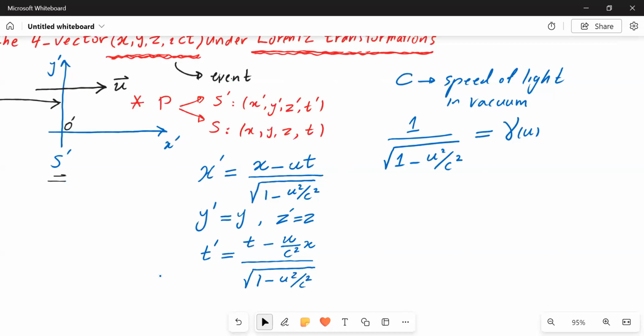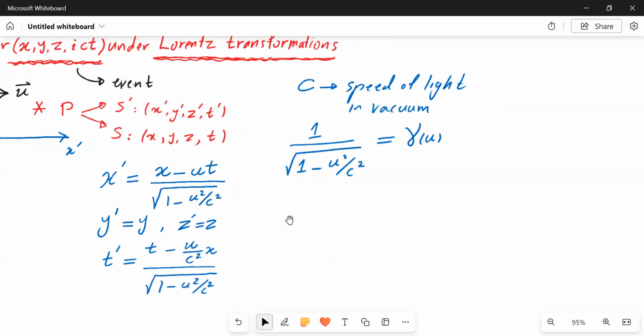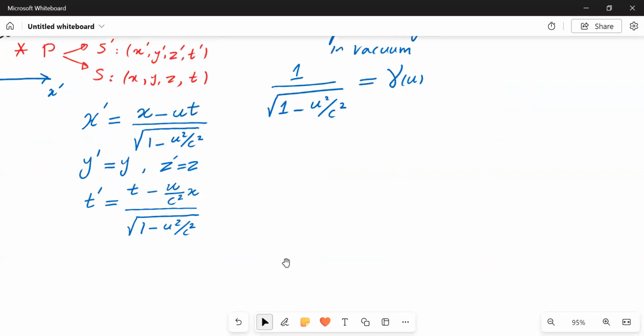So in this way, I can rewrite the Lorentz transformations in this form. I can say that x prime is gamma times x minus ut.